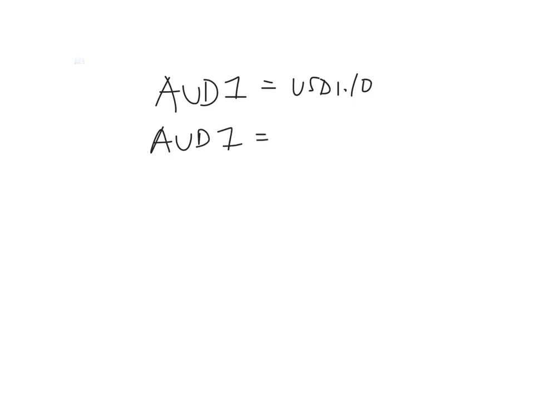Because if 1 Australian dollar was getting you $1.10 US, and then the next day 1 Australian dollar is getting you $1.07 US, then the Australian dollar is getting less US than before, right? You used to get $1.10, now you get $1.07. So the Australian dollar must be depreciating, right?